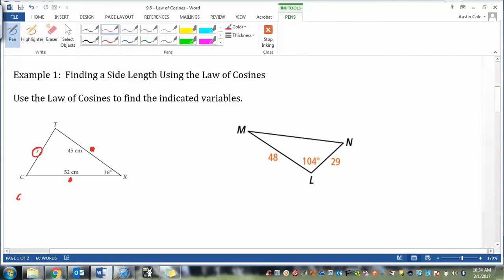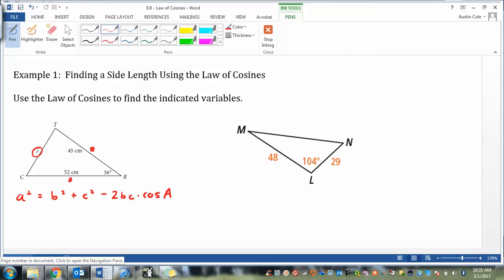Now, I think it's a great idea to write our formula down every single time. Why is that? Because it's proven that the more times you write it down, the more likely you'll remember it. Okay? Now, if I'm trying to find R, that is what I'm going to start with.